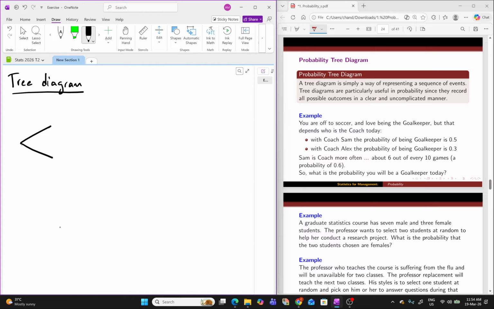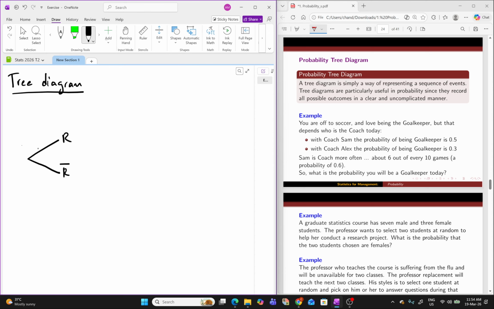Let's say in one day there will be rain or no rain. For no rain, the notation I put is R with a line over it, which I call R bar.